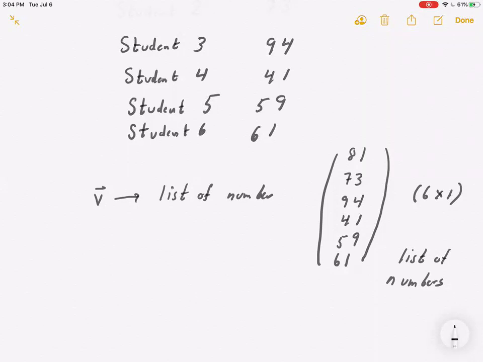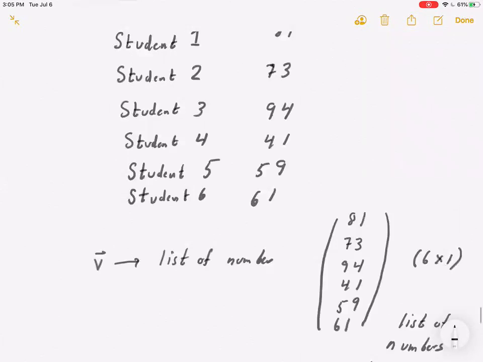So this vector V is a list of numbers, but they're not just arbitrary numbers. They are important numbers because they tell you something about this particular application. In particular, this vector describes the grade of n students in a class.